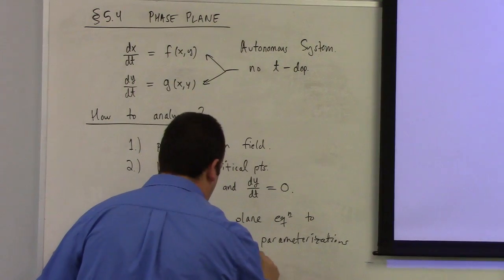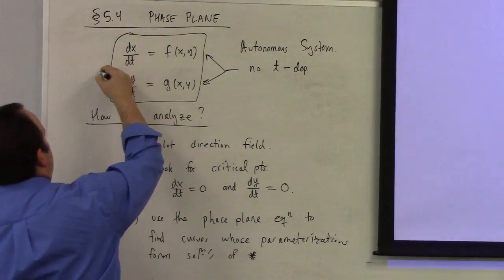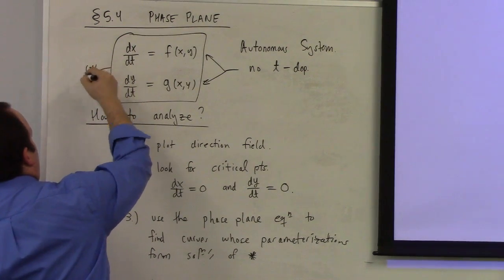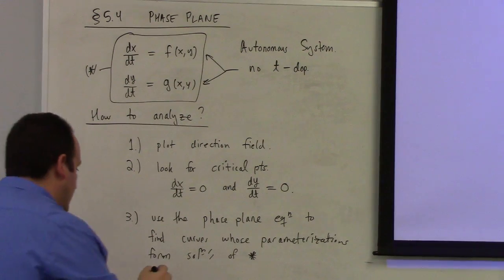Let's call it star. Okay, so the solutions to this would be functions of time, right? The phase plane equation takes time out of the picture. It's really simple what it is.